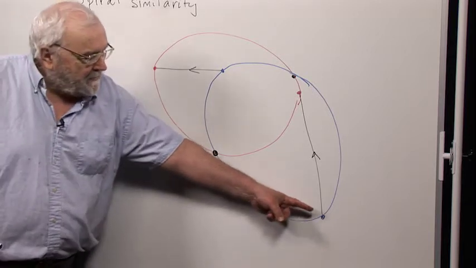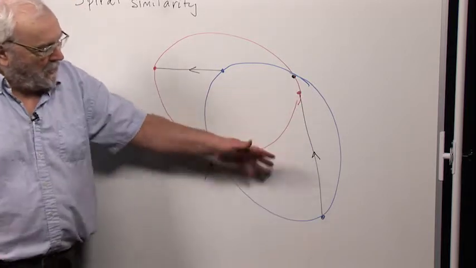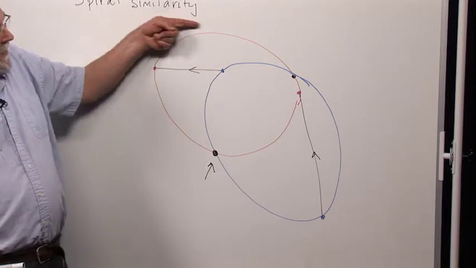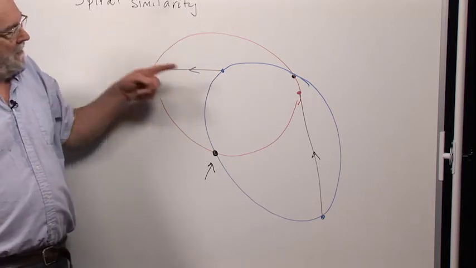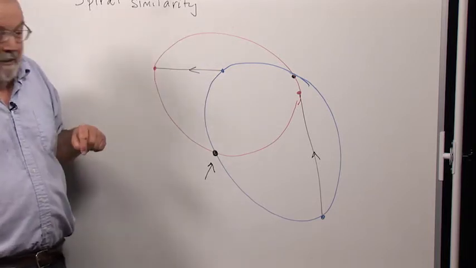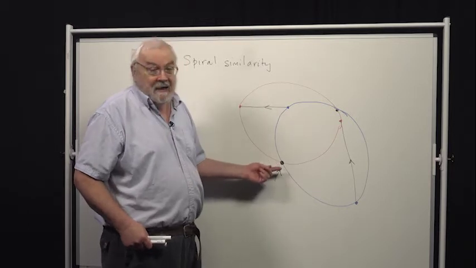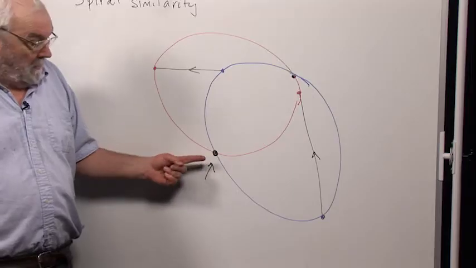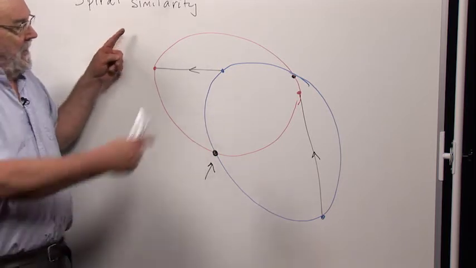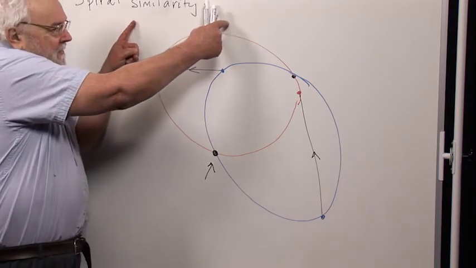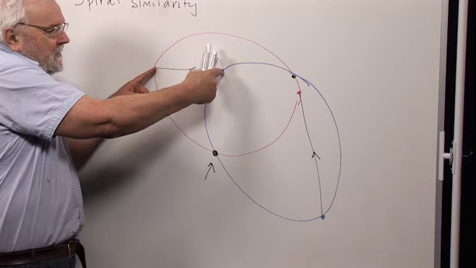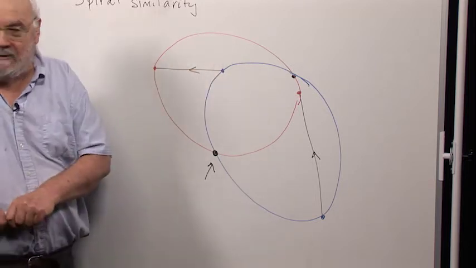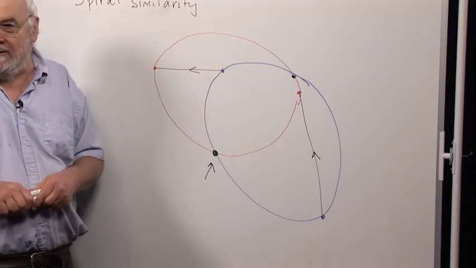You would rotate this directed line segment around this pivot until it was up here and parallel to this line segment. And then you would enlarge, or in this case, shrink from the center of spiral similarity and bring the large directed line segment down until it was superimposed upon the shorter directed line segment.